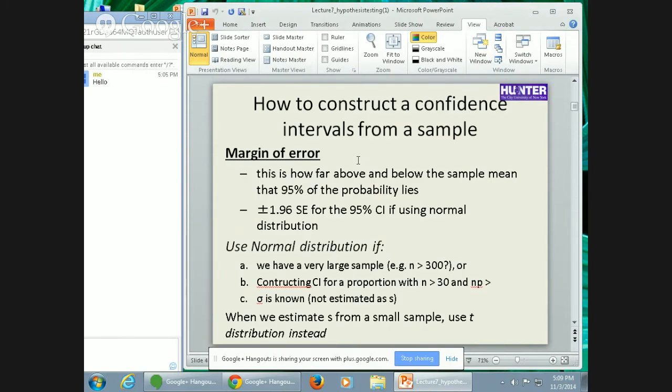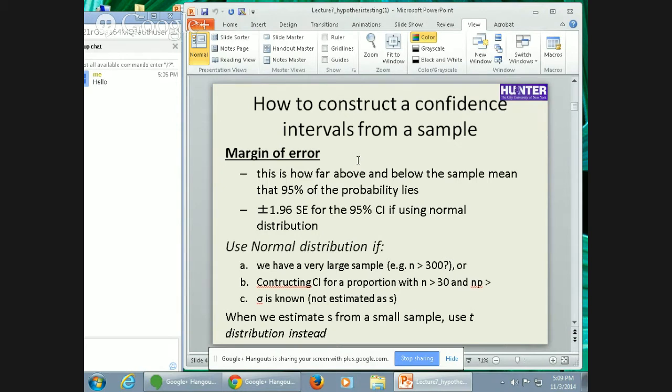So that margin of error is the amount plus or minus your point estimate that you're going to put for your range of estimates on the population mean. When we're using the normal distribution and a 95% confidence interval, it's the famous 1.96. It's a good number to remember, but we don't always use it.